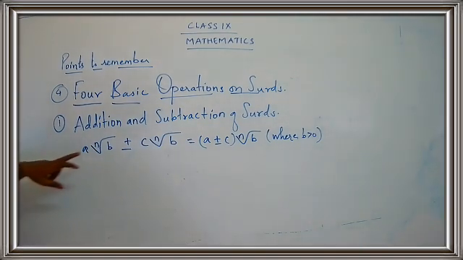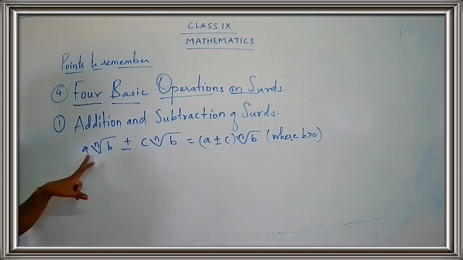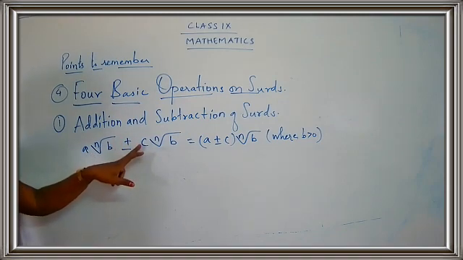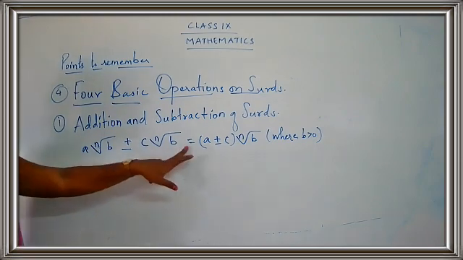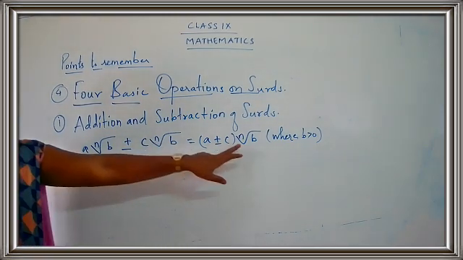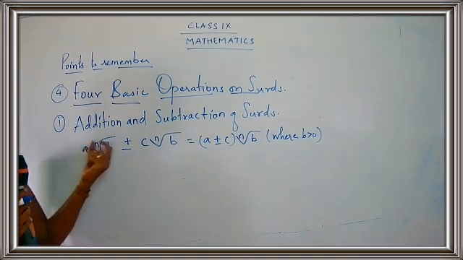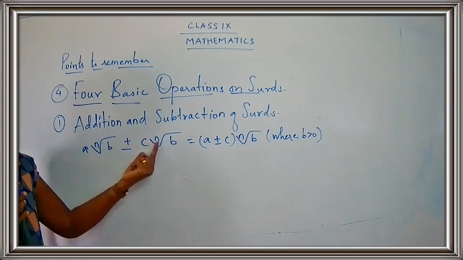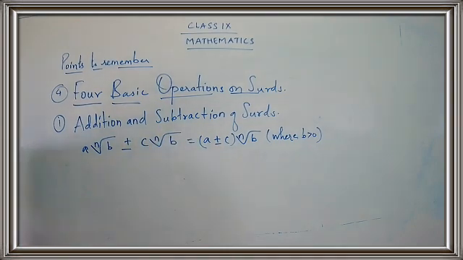You have to read this as plus minus. a nth root b plus minus c nth root b is equal to (a plus minus c) nth root b. So you have to take a plus c together and nth root b will be common. I'll explain you the rules with the examples.